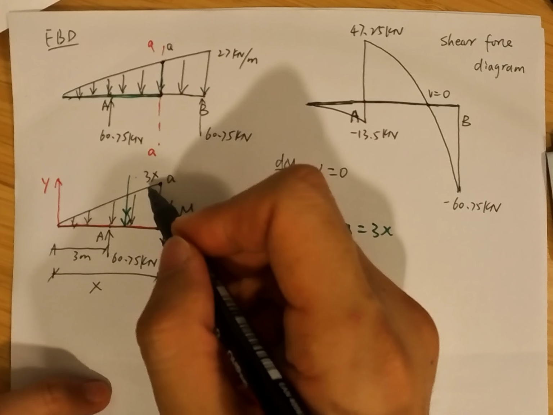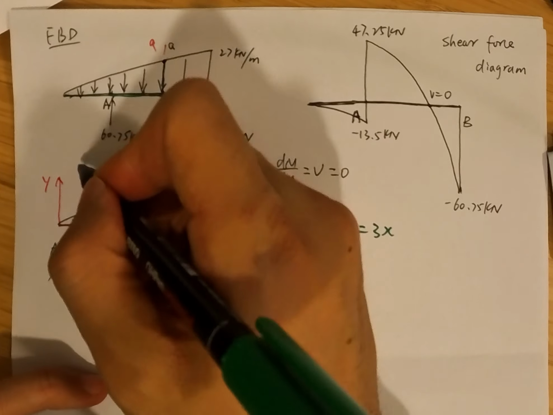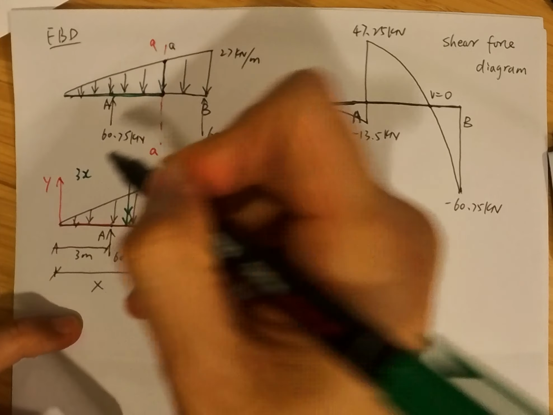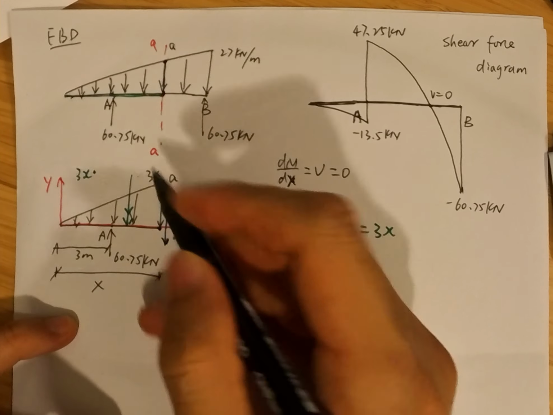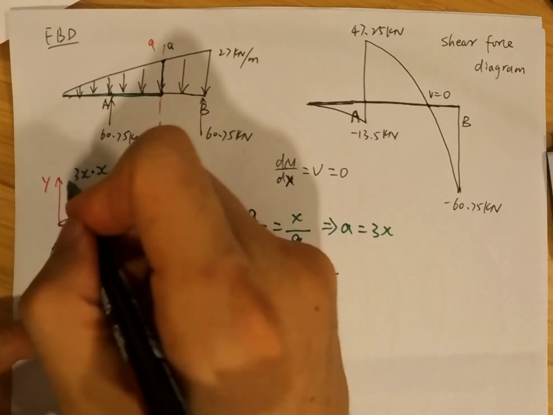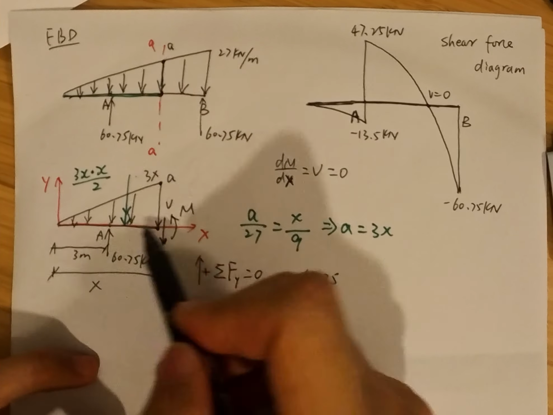The resultant force is equal to the area of this distributed load. The area is 3x times the distance from the free end to the cutting section, x, over 2. So this is the resultant force of this distributed load.